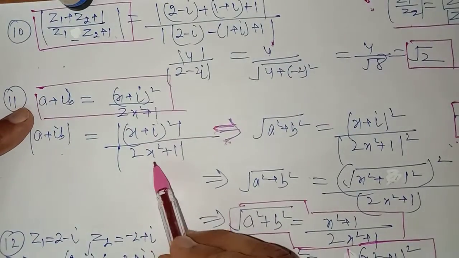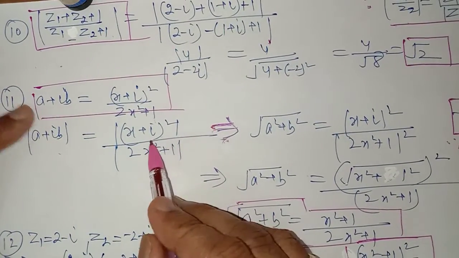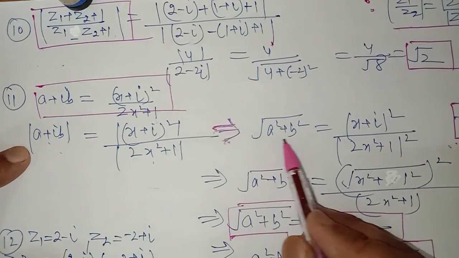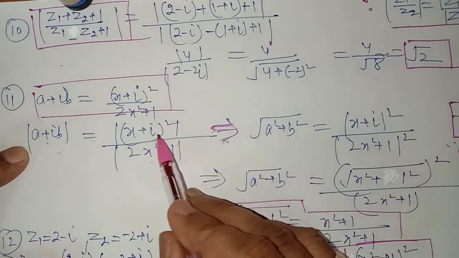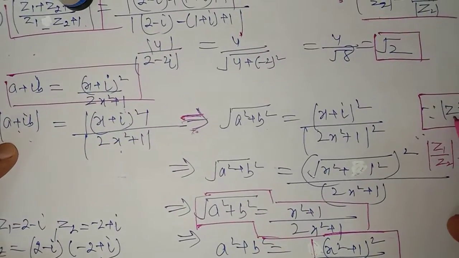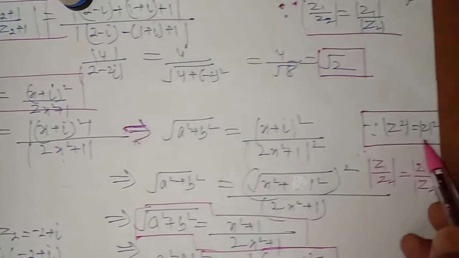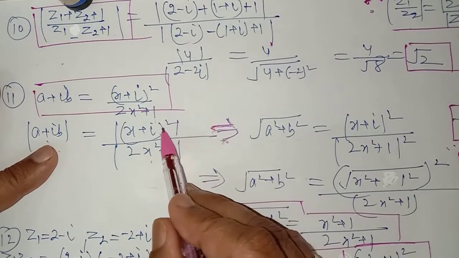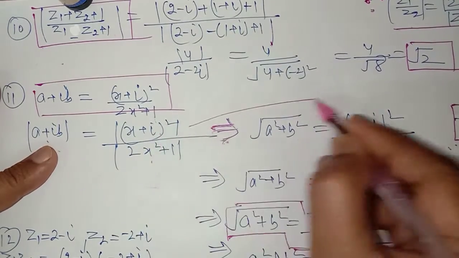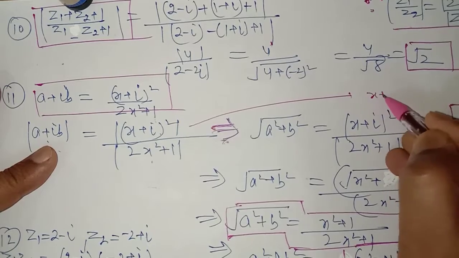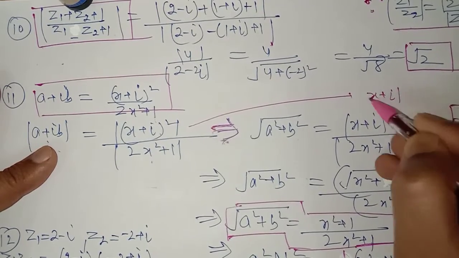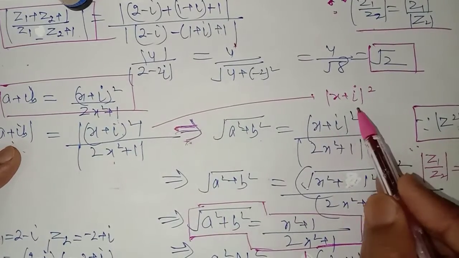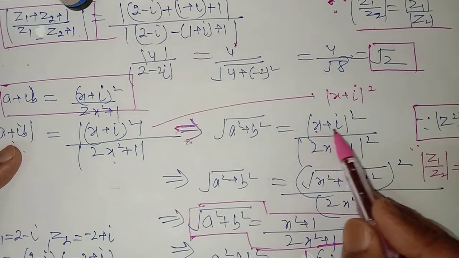Taking modulus on both sides, modulus of a plus ib will be equal to under root a square plus b square, and because we know that modulus of z square is equal to modulus of z whole square, the right side comes out to be modulus of x plus i, whole square.